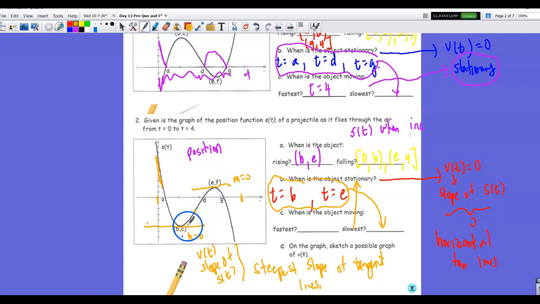So halfway in between B and E, sorry about that, would be a possible place where it's steepest.